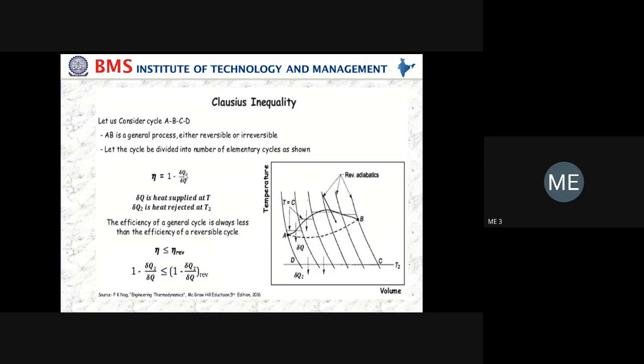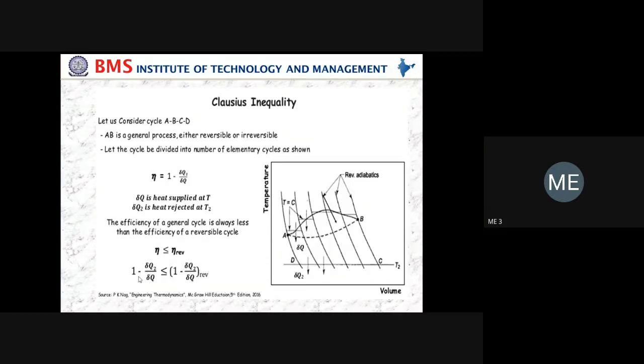So eta general is 1 minus dq2 divided by dq, the efficiency of a general cycle, and it is less than or equal to 1 minus dq2 divided by dq reversible. No change in the equation, you only have to add the term reversible. The first one indicates your general cycle and the second one indicates your reversible cycle.